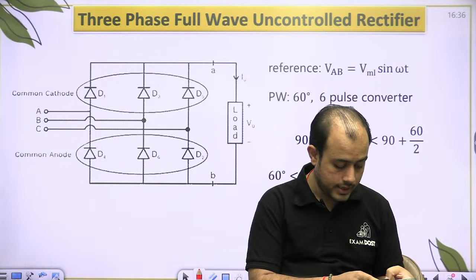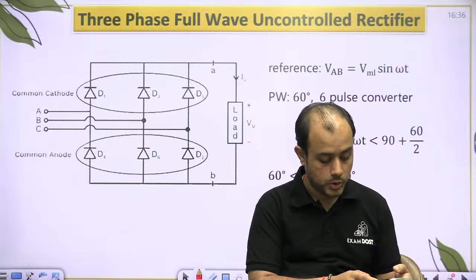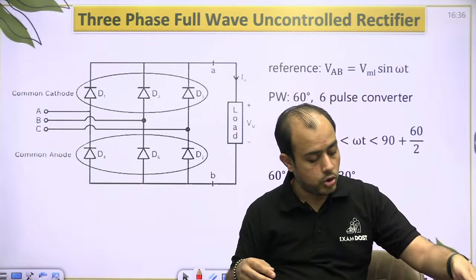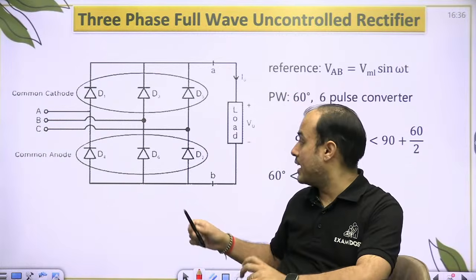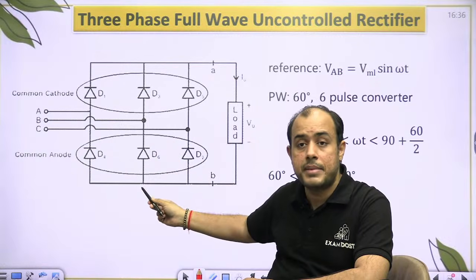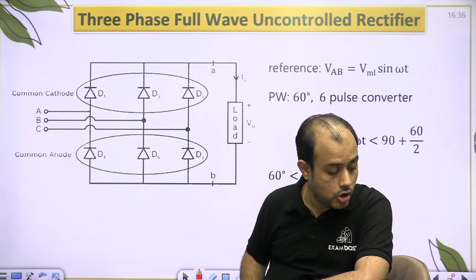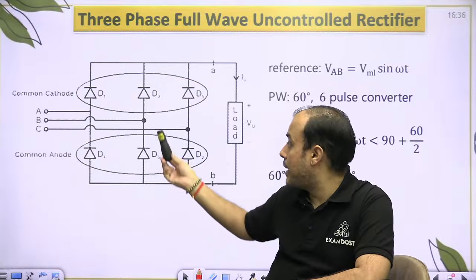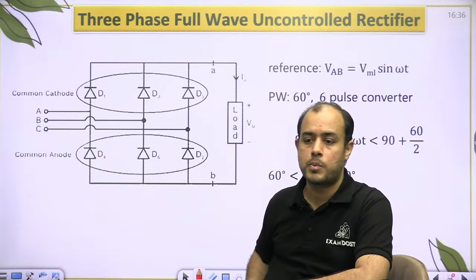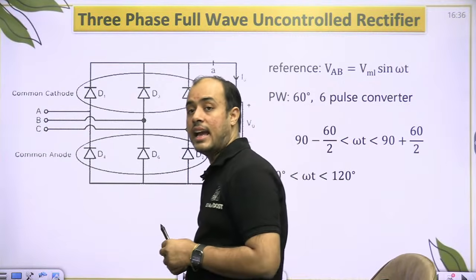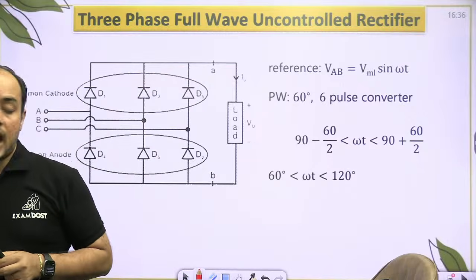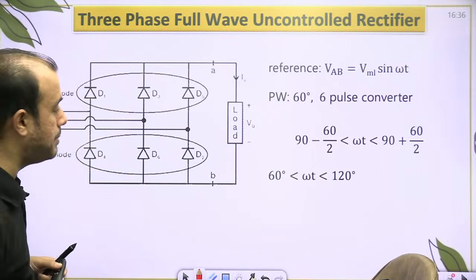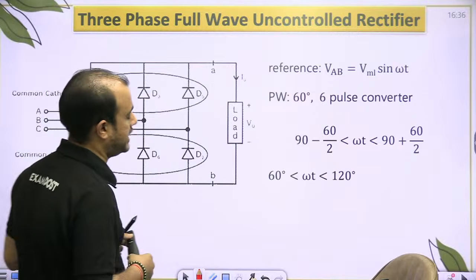Common cathode is basically transferring maximum voltage at the output, while common anode will transfer maximum negative voltage. Common anode क्या करेगा? Maximum negative voltage को pass करेगा, and as a result, the output will be the maximum line to line voltage.